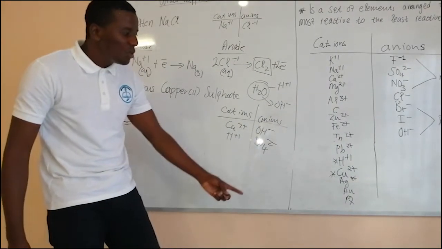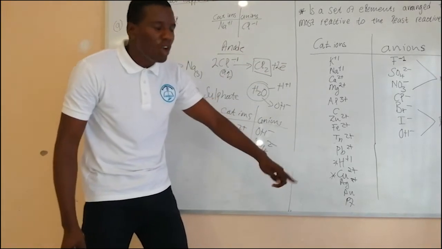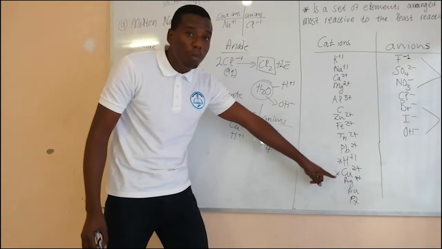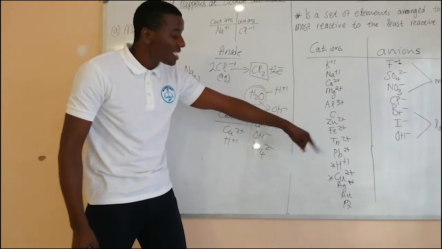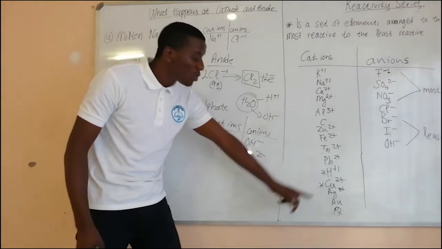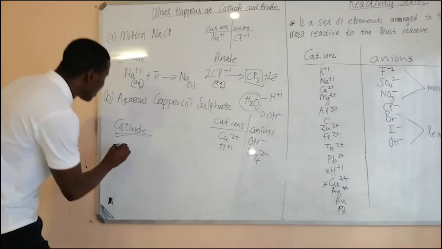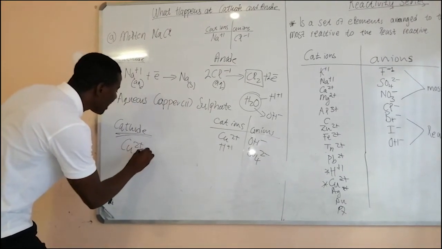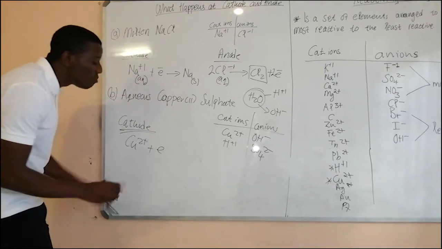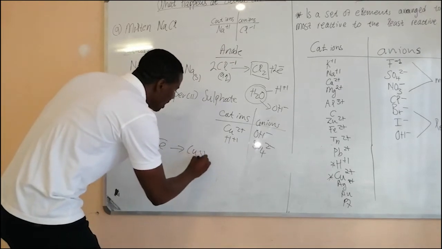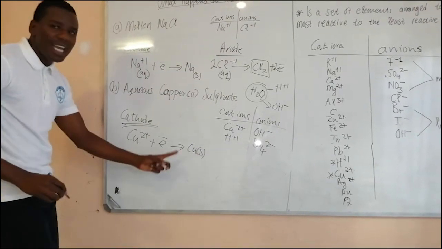So we have hydrogen here, and then we have copper here. So what does that mean? We said the one that is less reactive is discharged. Hydrogen is more reactive than what? Copper. So copper is less reactive than hydrogen. So copper is going to be discharged at the cathode. So we have Cu2+ plus electrons, meaning that you are gaining electrons, giving Cu, which is going to be a solid.